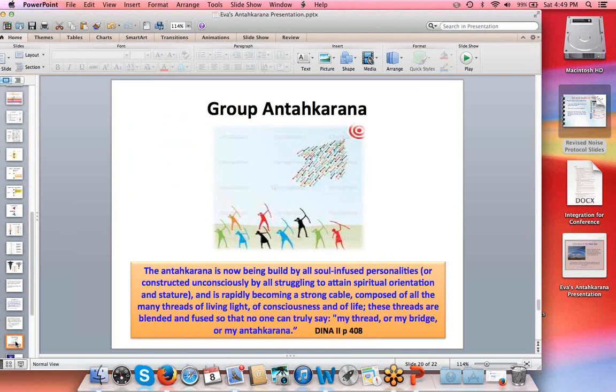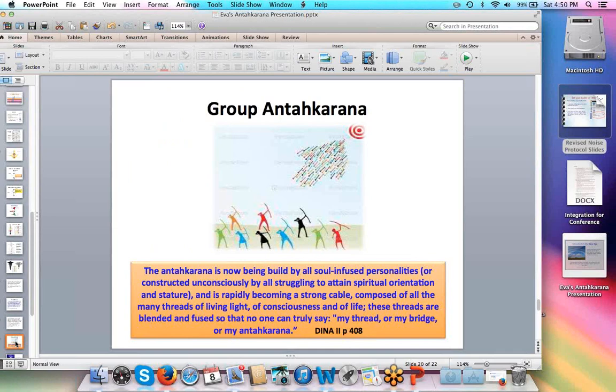Now, we think we're building our own Antahkarana, which, yes, we are, but there's no such thing as our own or personal, just like there is no such thing as my soul. There's no individual soul. Soul is group. Same thing with the Antahkarana. It's being built by all infusing personalities, or even constructed unconsciously, by all who are struggling to attain spiritual orientation.